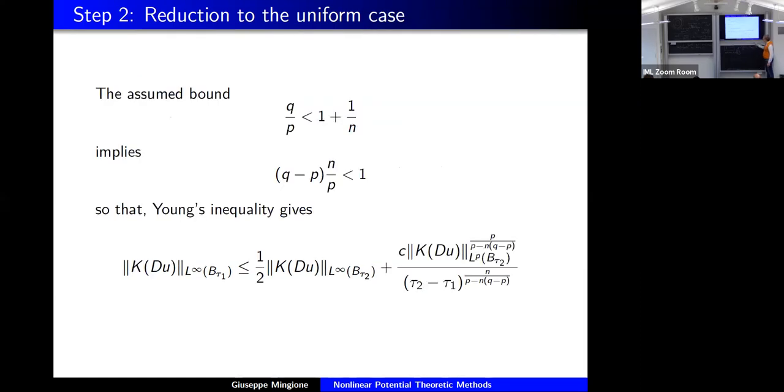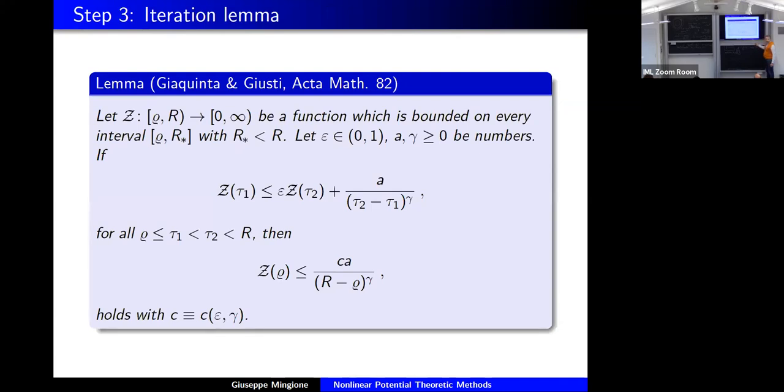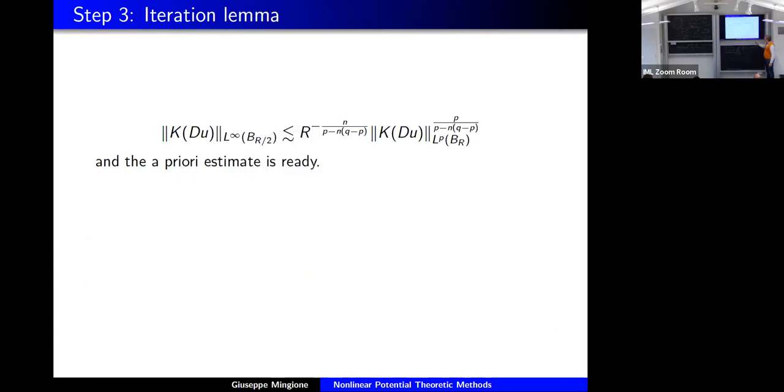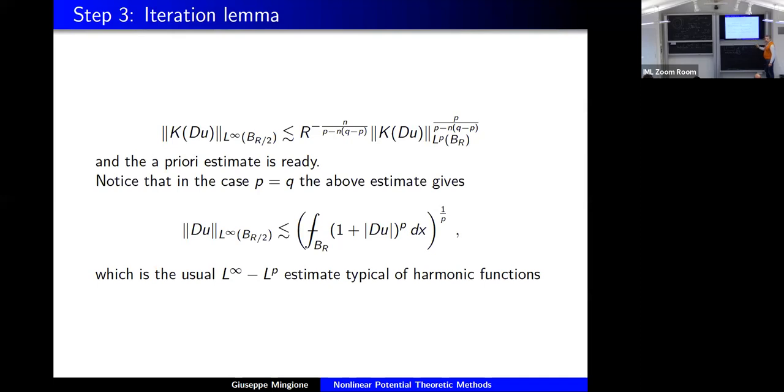You do Young, but this is exactly the bound which is known to be sharp. So you do Young, and once you do this, you apply the iteration lemma. And then you get this, which is nothing but this, when P is equal to Q.